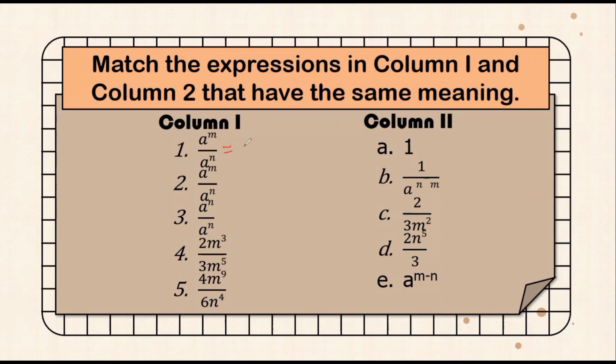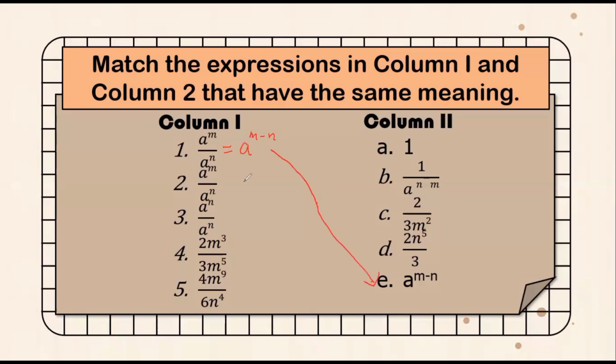So what are we going to do with the base? Keep the common base. And what will you do with the exponents? We have to subtract them. So we have a raised to m minus n. So the answer, if we look under column 2, is under letter E.